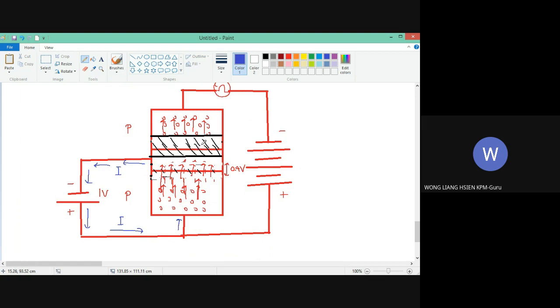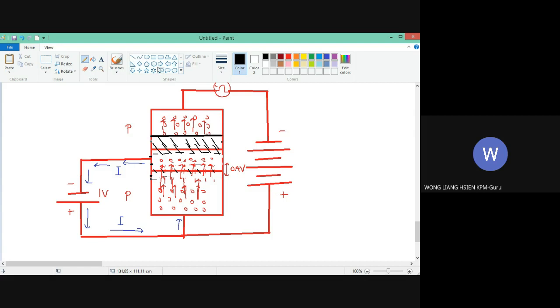So say like just now, when the hole can flow, that means at the center here there are a lot of holes. A lot of holes start to flow, so there will be a lot of holes at the center layer. So when there are a lot of holes at the center layer, they will be able to repel the holes that formed the initial layer. So that means this initial layer, this side, becomes more narrow.